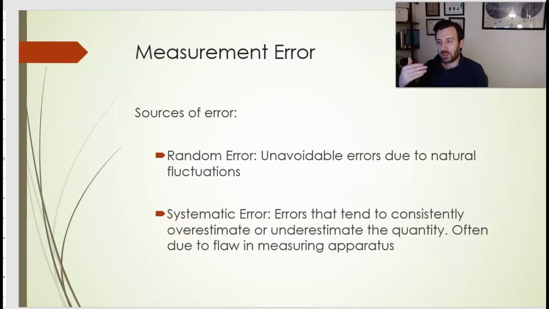Systematic error is error where we have a consistent overestimation or underestimation, right? So maybe we have somebody who really, really wants to be tall, and so they round their height up a little bit. I have been guilty of this. I've called myself 6'3" when in truth I was 6'2.5", right?